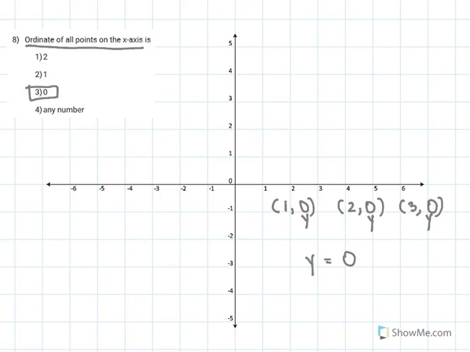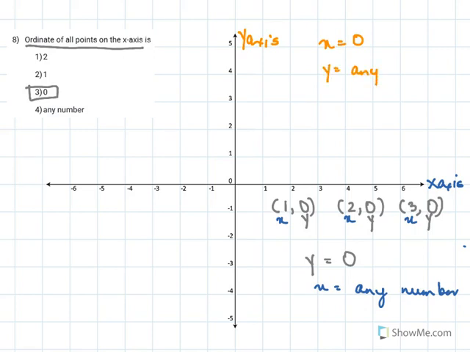However, the abscissa is x, and the x is any number. This is for the x-axis. The y-axis is just the opposite. For the y-axis, you have x equal to 0, abscissa is 0, while the y, the ordinate, is any number.